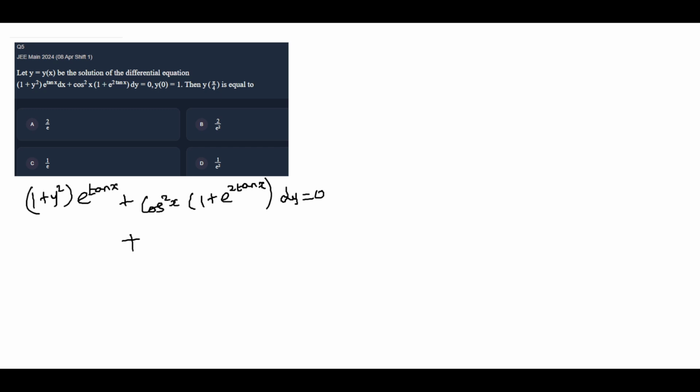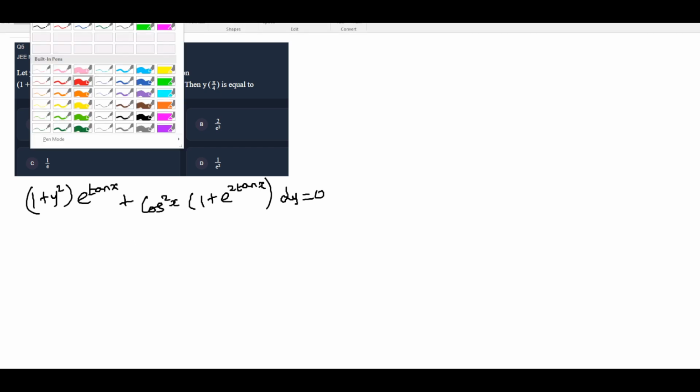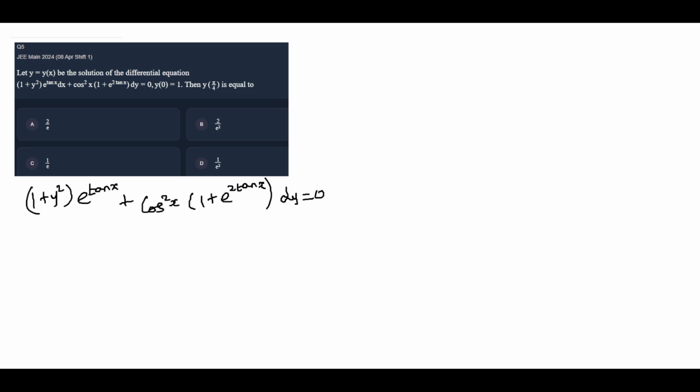So I think we need to change the term. So here it is dx. So 1 plus y square e power tan x dx equal to minus 1 plus e power 2 tan x into cos square x dy.